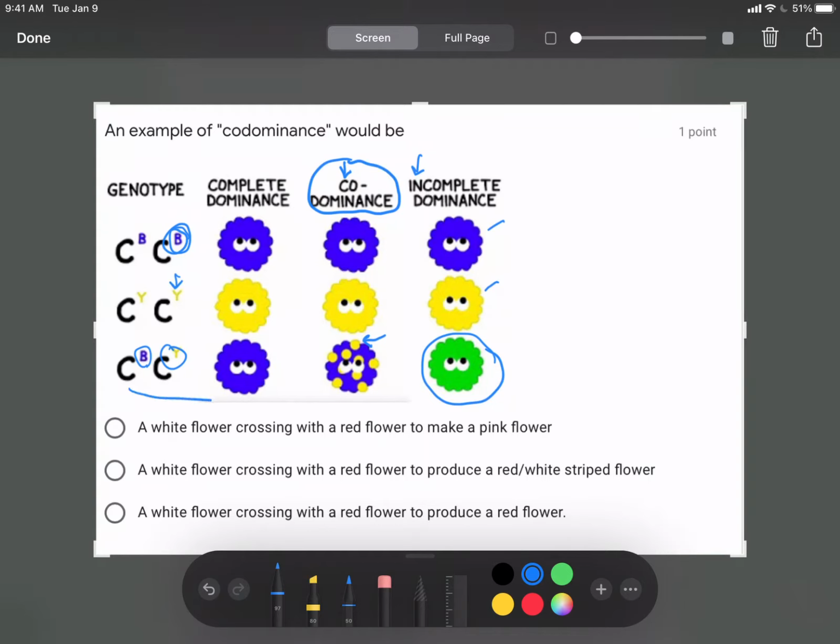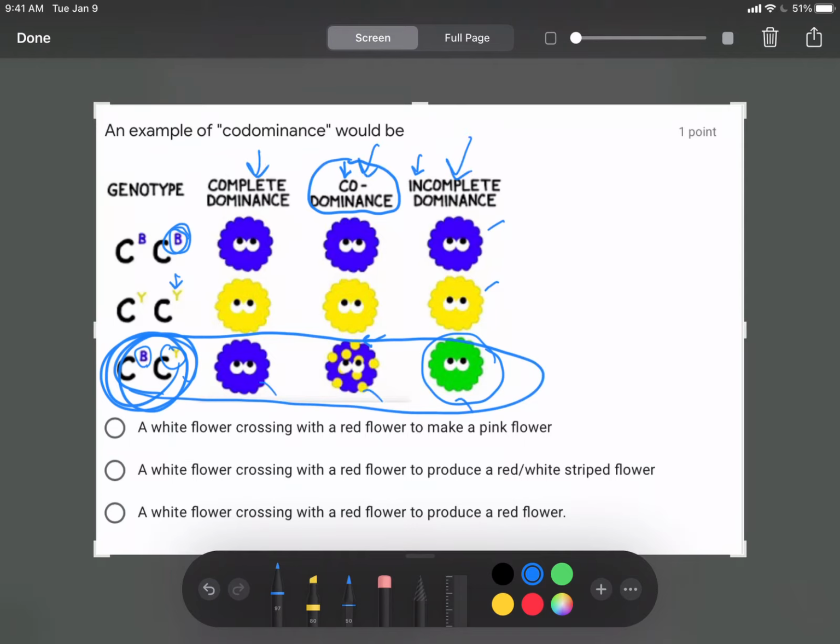Notice all 3 of these down here have the exact same genotype, right? But their phenotypes are each different based on the setup up here. Okay, so hopefully this helps you out with the questions on this.